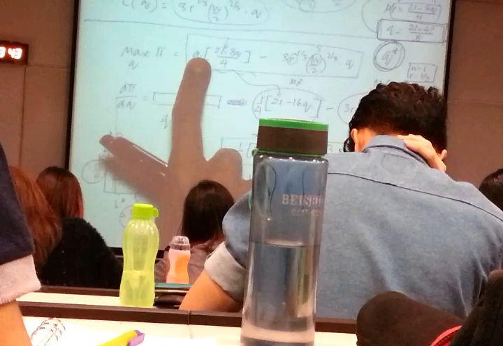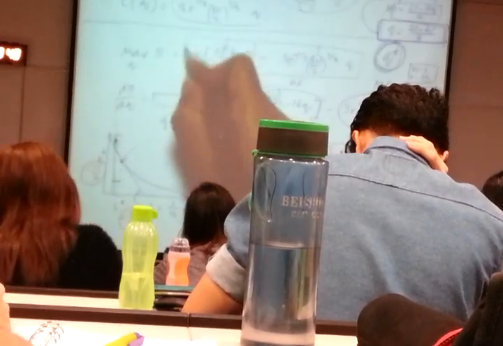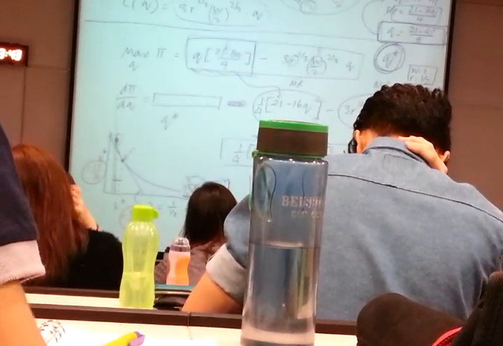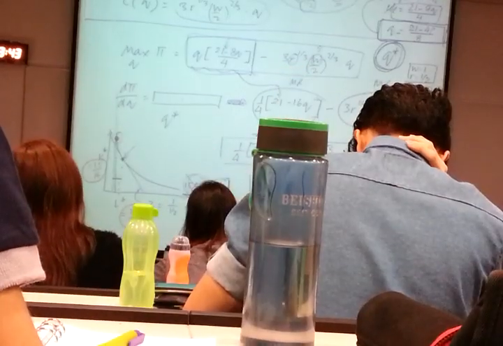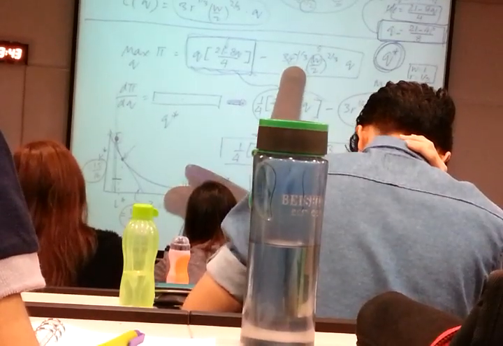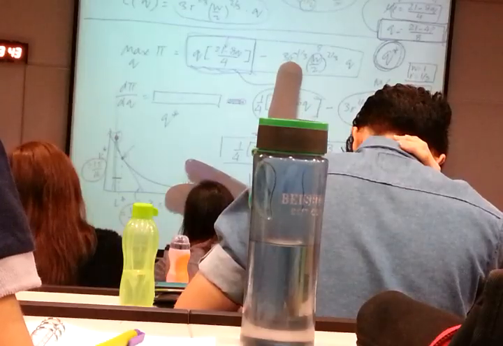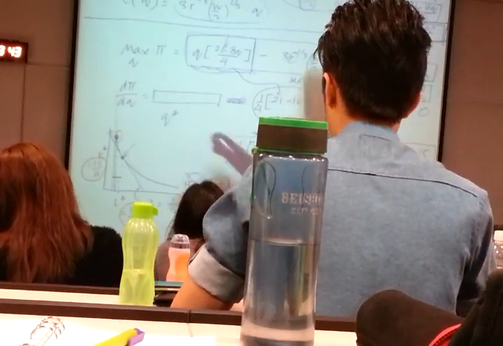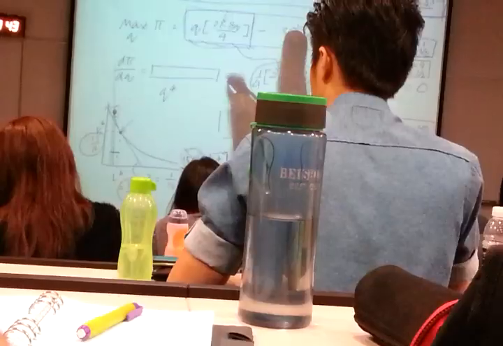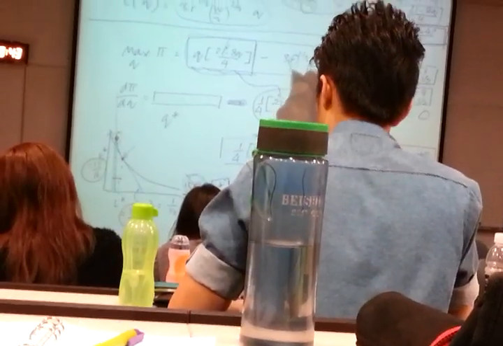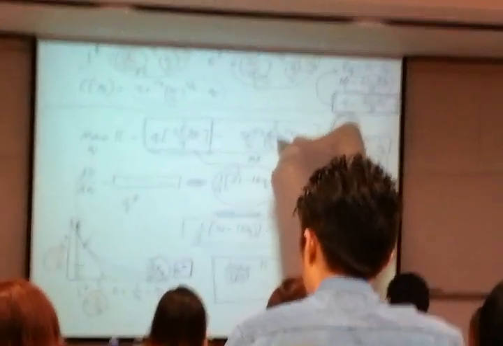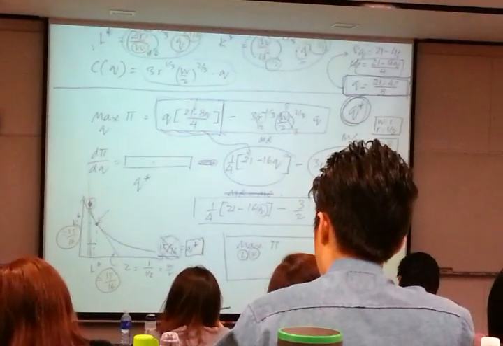Very simple, you have a profit function, nothing changes to demand, demand remains as it is. The cost function remains as it is. The only thing that changes in the cost function is the value of R and W. Previously R was half, now R still remains half. W now becomes 8. Instead of 1, it becomes 8.